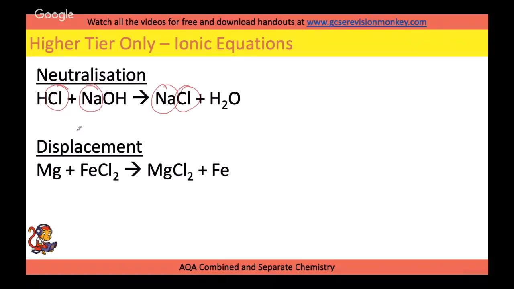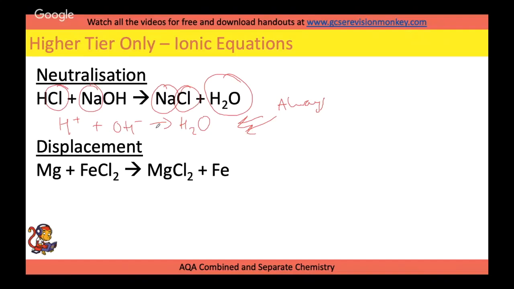But these ions, H+ and OH-, turn into a molecule over here, H2O. So whenever you see a neutralization ionic equation, it will always be H+ plus OH- makes water. That will always be the ionic equation when you've got a hydroxide and an acid reacting to make a salt plus water.